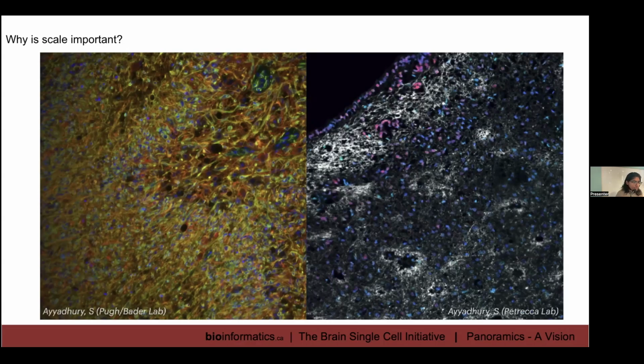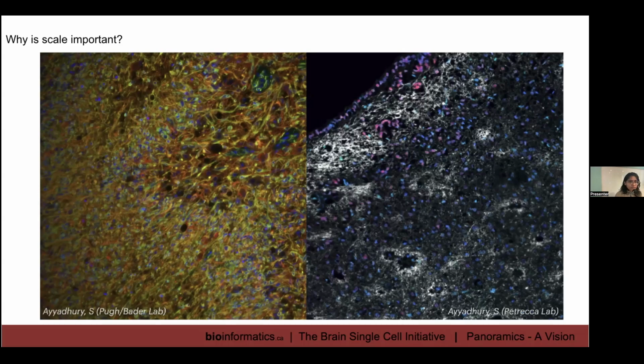And another thing why scale is important is it also depends on what kind of organization you want to understand. So remember, when we went through Banksy, some of you were asking, why do we need then to do spatial? Why do we need to fine tune the parameters? Why is parameter fine tuning important? Why is domain structure so important?